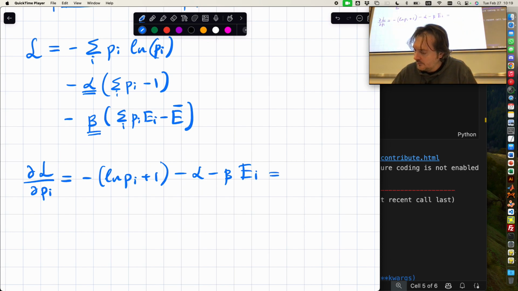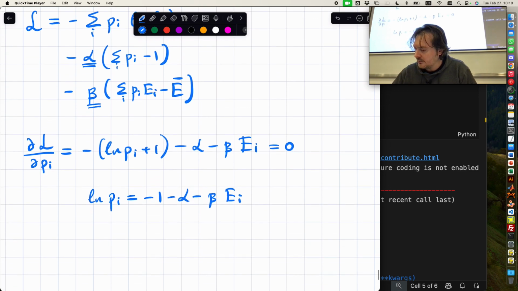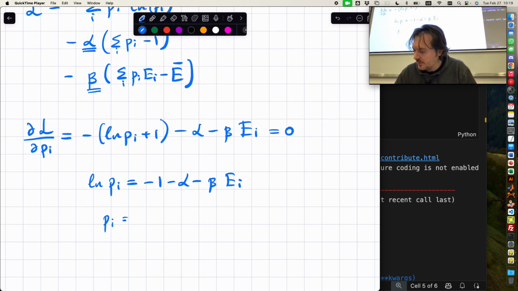So this thing should be 0, right? ln Pi should be minus 1 minus alpha minus beta Ei. Pi should be e to the minus 1 minus alpha times e to the minus beta times Ei.